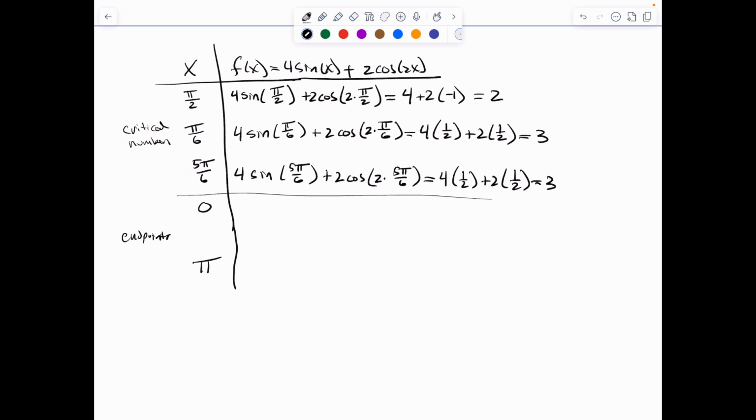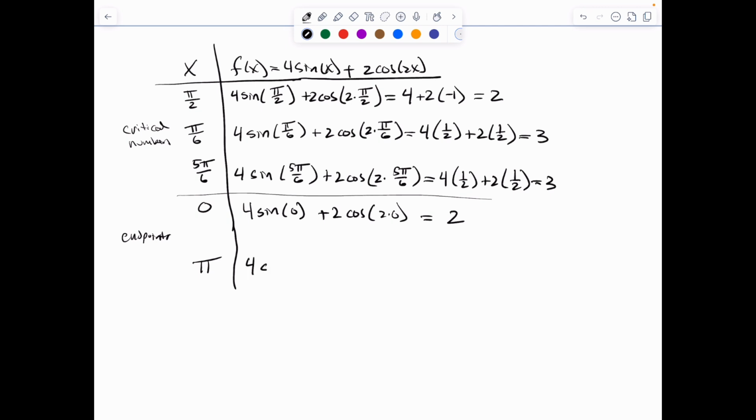Onward. Next we have 0, and that's easy. 4 times sine of 0 plus 2 times cosine of 2 times 0. The sine of 0 is 0. The cosine of 0 is 1. So I'm just going to write that down as 2.